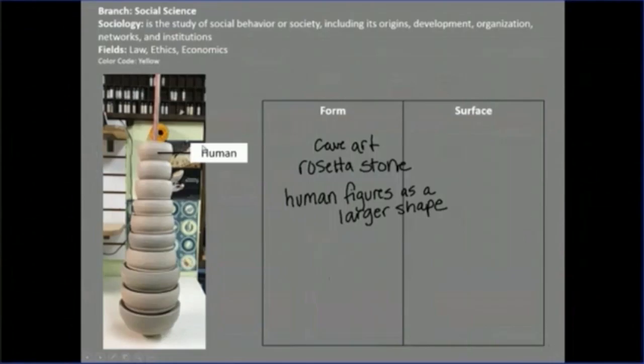So within this field of sociology, law, ethics, economics, how would you visualize ethics? That's our cultures, you know.